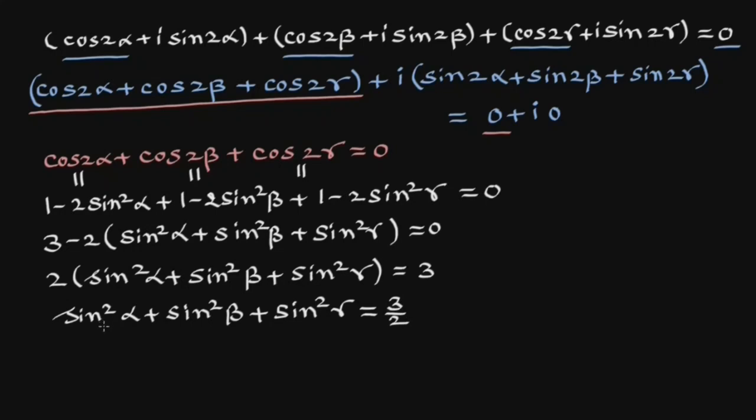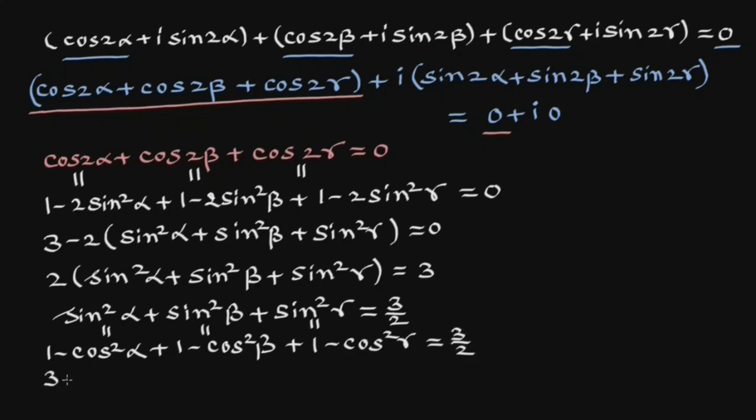Now if we replace sin square alpha by 1 minus cos square alpha, sin square beta by 1 minus cos square beta, and sin square gamma by 1 minus cos square gamma, equals 3 by 2. This will be 3 minus (cos square alpha plus cos square beta plus cos square gamma) equals 3 upon 2.